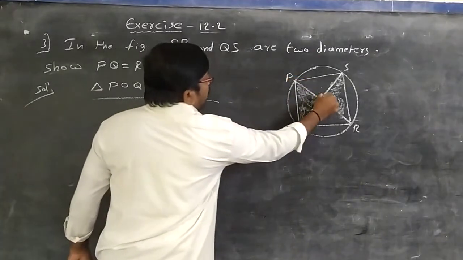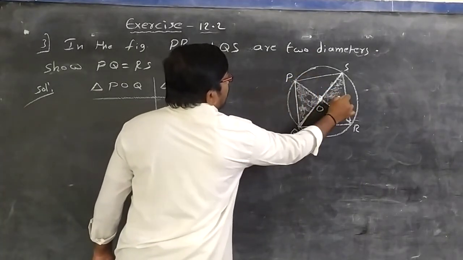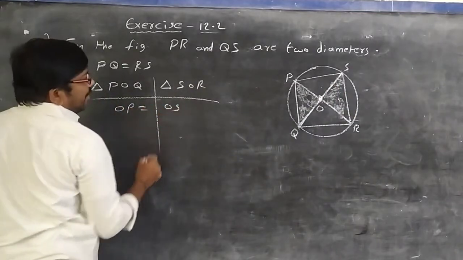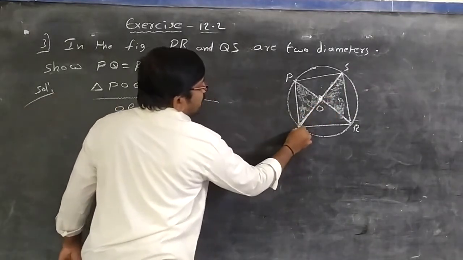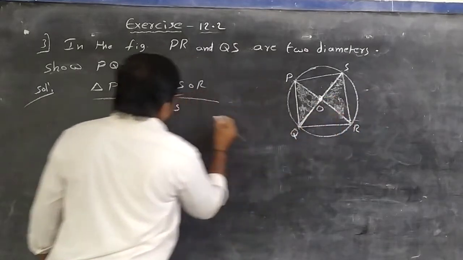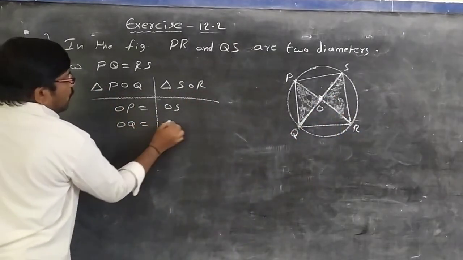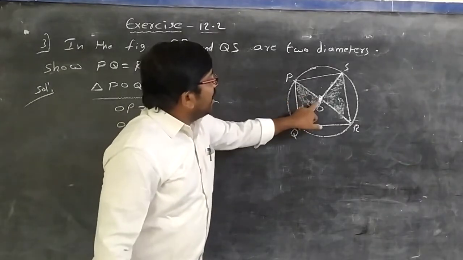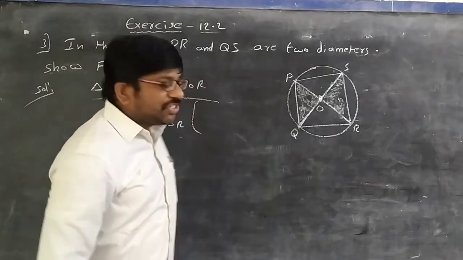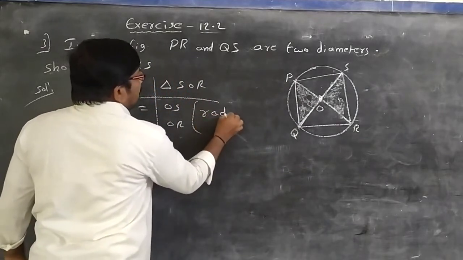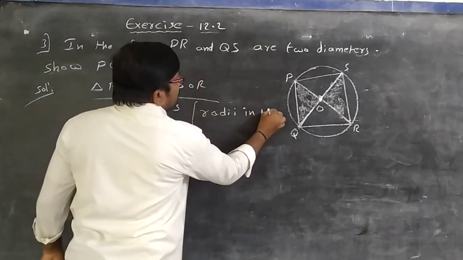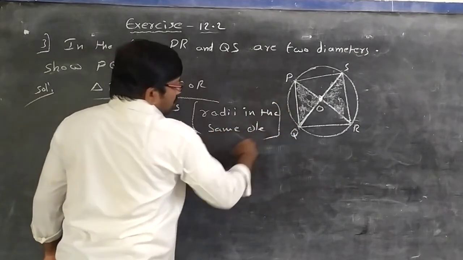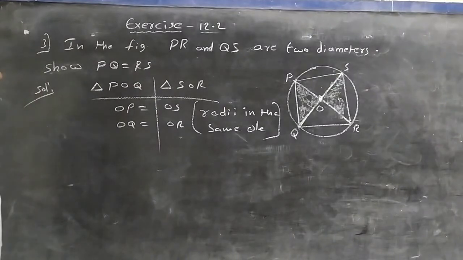So in these triangles, OP is equal to OS. Next, OQ is equal to OR. These are radii in the same circle, right? So that is completed. What next?